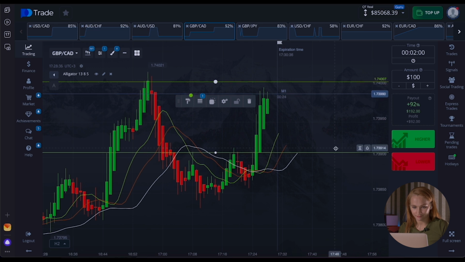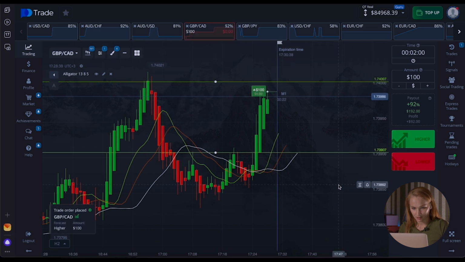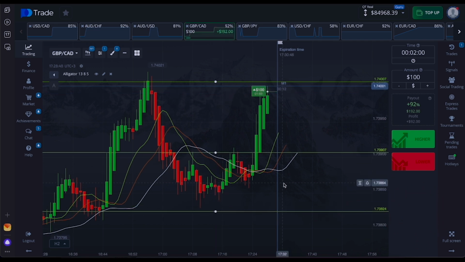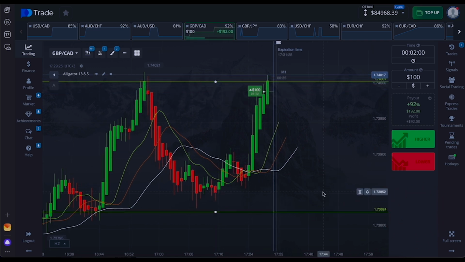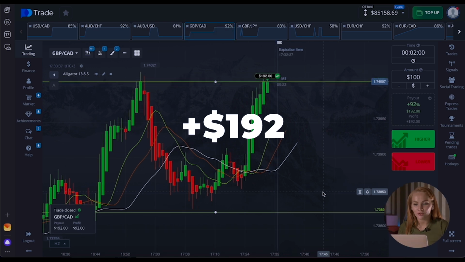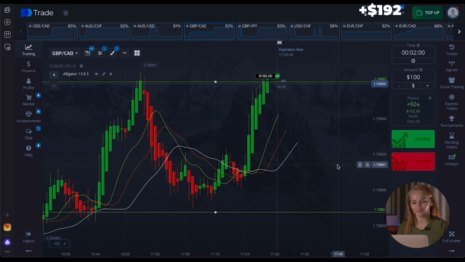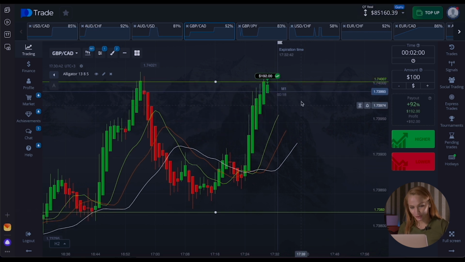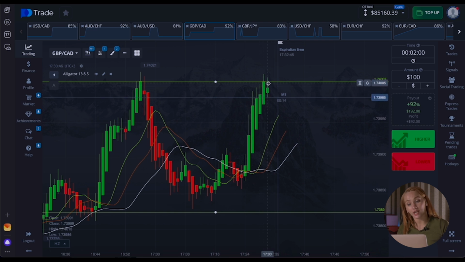Let's try. Let's see what we've got. Great. The third trade brings profit. The prognosis was true. You can see the upper extremum going down. That's exactly what I was telling you about.